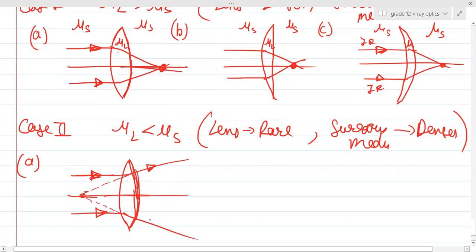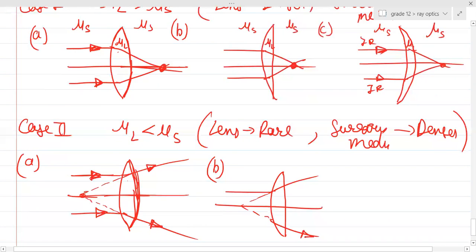Is it clear? Similarly, can you draw the others? Please remember these lenses are thin. Sir, you are refracting only from the first boundary. No, it's not necessary. I can refract it from the middle as well, no problem. But since these lenses are thin, only then can I draw this type.